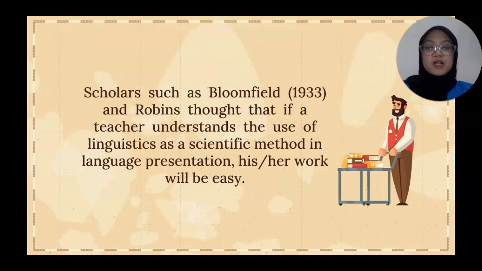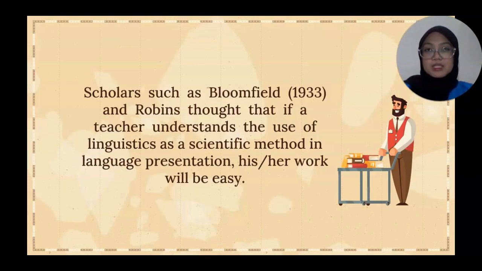Scholars such as Bloomfield in 1933 and Robbins thought that if a teacher understands the use of linguistics as a scientific method in language presentation, his or her work will be easy. So Davis and Elder in 2006 believe that applied linguistics looks outwards beyond language in an attempt to explain and solve social problems, while linguistics applied looks inward, not to solve language problems in the real world, but to explicate and test theories about language itself.